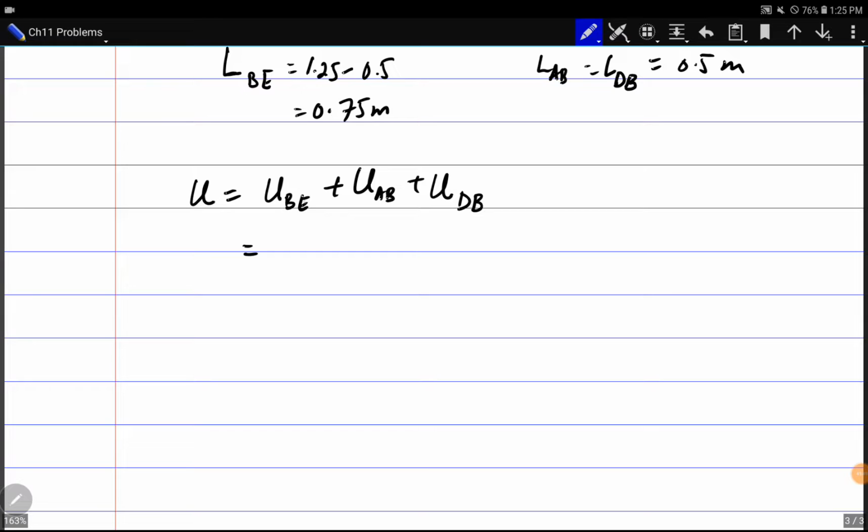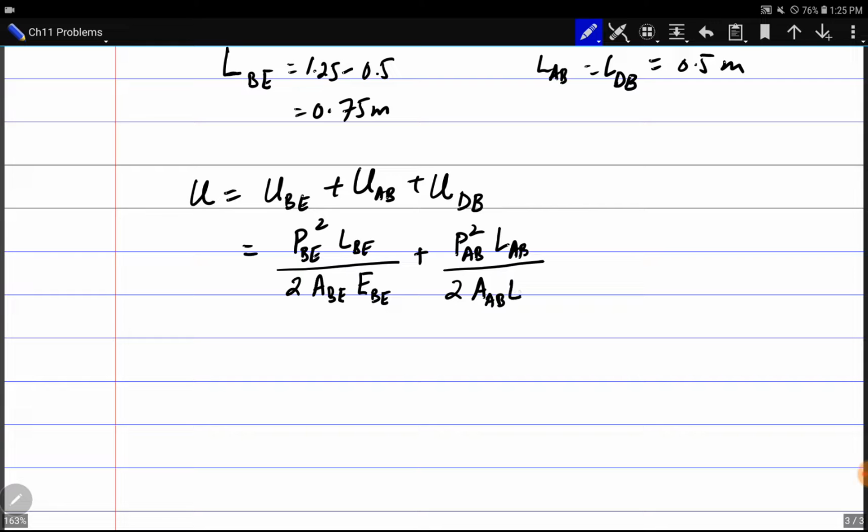So UBE will be PBE squared into length of BE divided by 2 times area of BE times E of BE, plus force on AB squared times length of AB divided by 2 times area of AB times E of AB, plus PDB squared times length of DB divided by 2 times area of DB times E of DB.